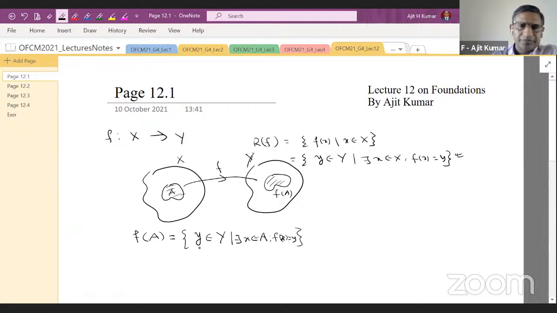Take all those elements in Y such that you can find some x in A with f of x equal to y.